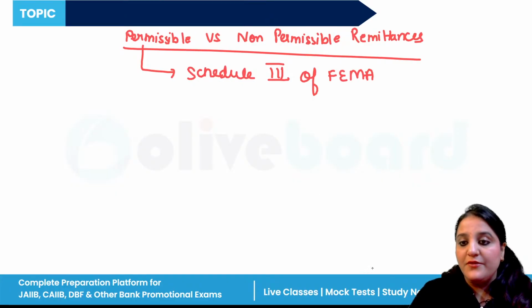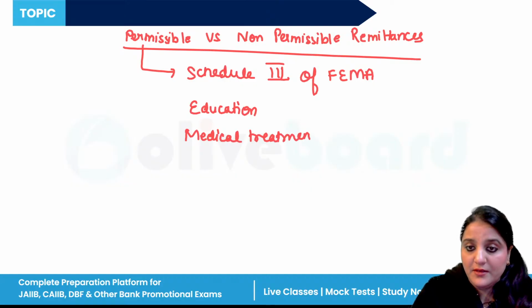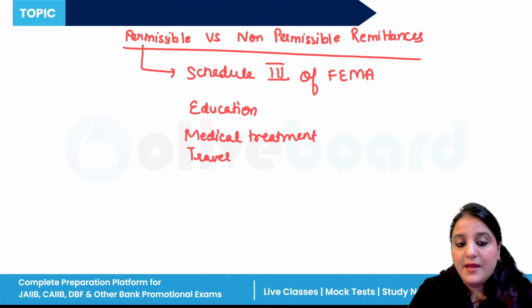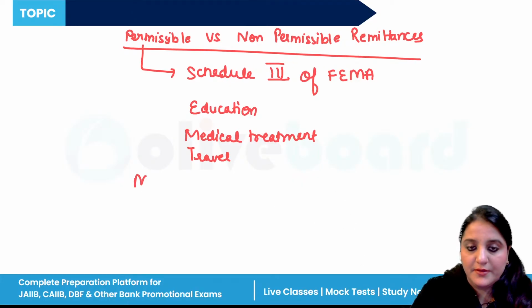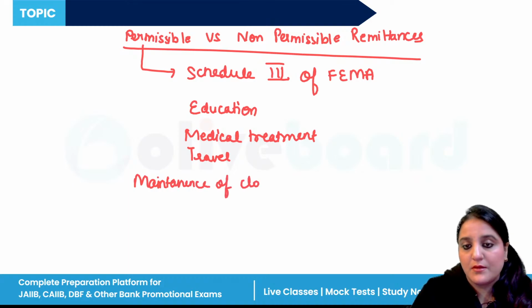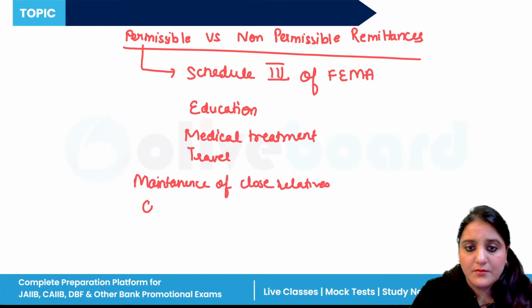In this, we can include education abroad, medical treatment abroad, travel, and maintenance of close relatives abroad. You can also include gifts and donations, right?